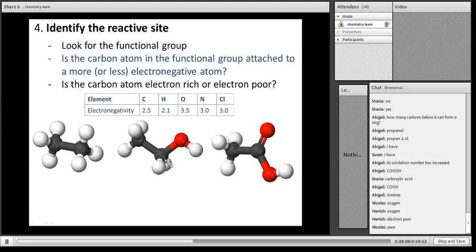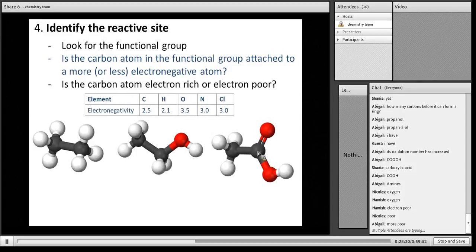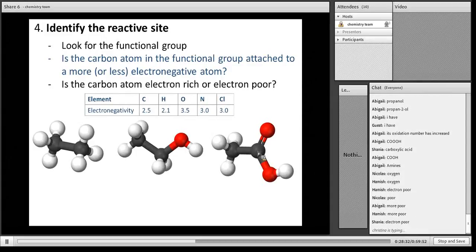But this carbon is electron poor, because, as we said just now, oxygen is grabbing more than its fair share of electrons. And then what can you say about this carbon over here? Is it even more electron poor, or is it more electron rich? More poor, because you've got two oxygens grabbing electron density from it. So this is even more positive, if we go down this continuum.